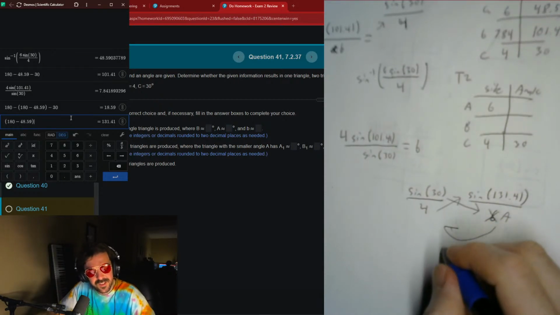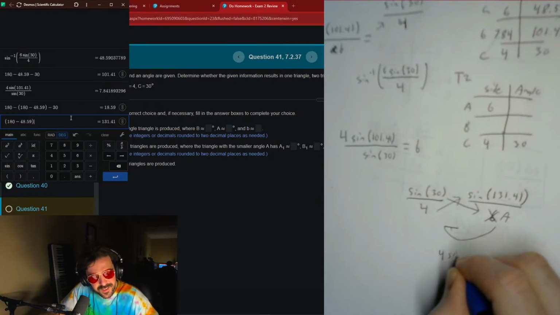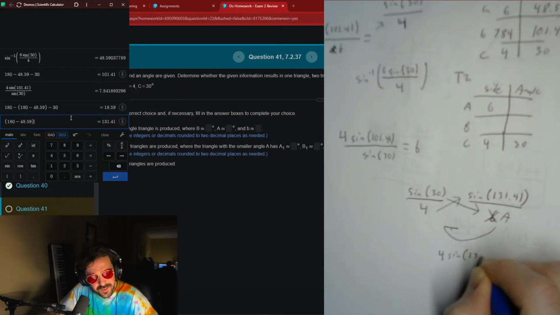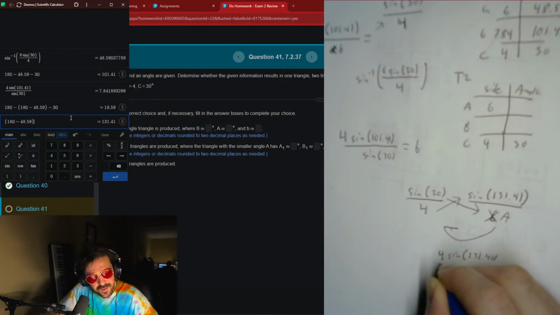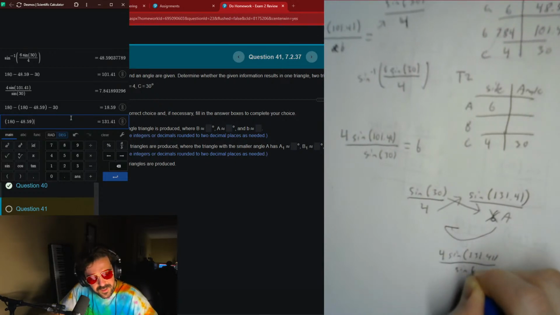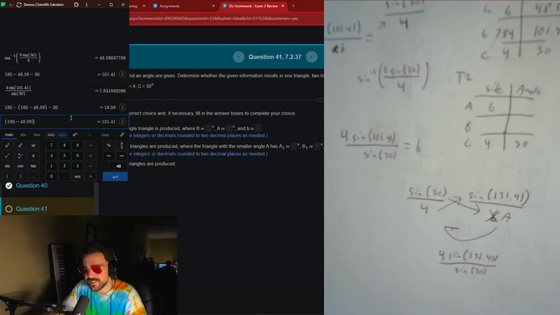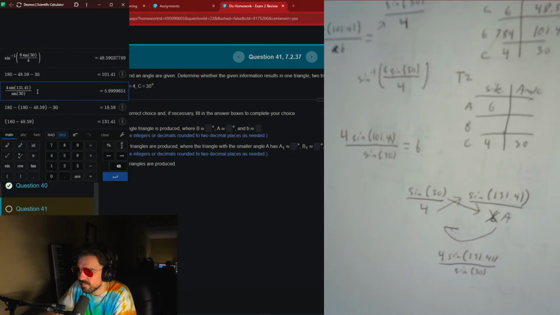So it's 4 sine 131.41 over sine 30. That should give us 6. It gives us about 6, so that'll work. That's fine.